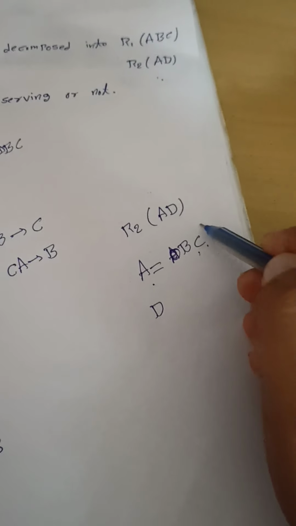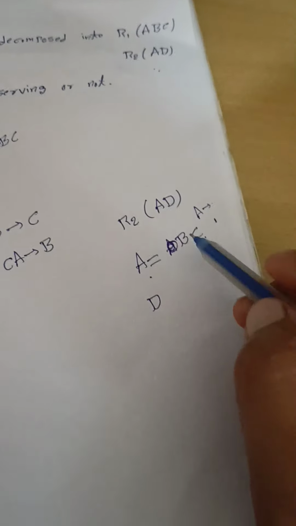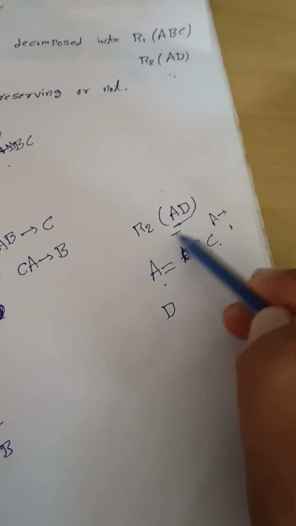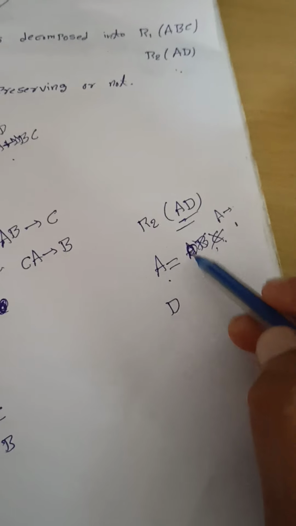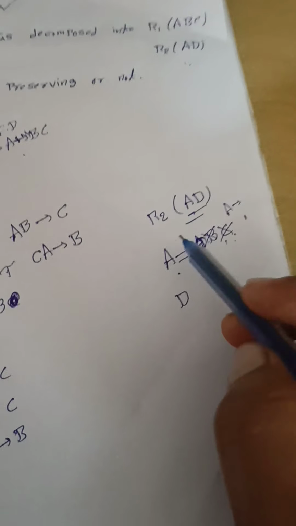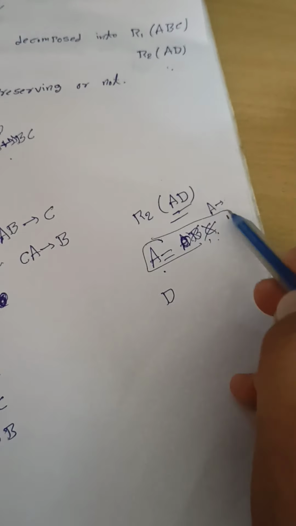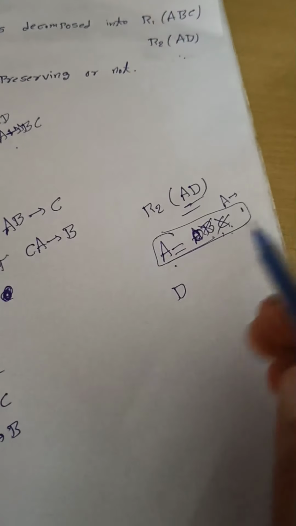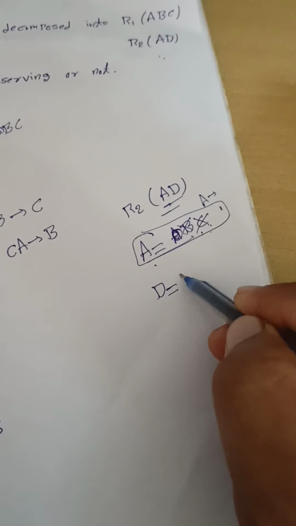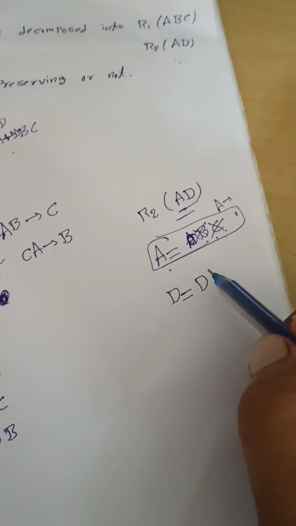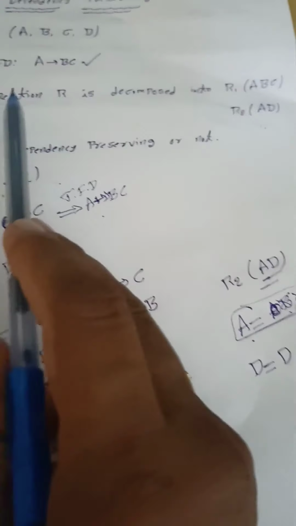Finally, A derives BC, but in this relation B and C are not available, so we will delete B and C. So finally A does not derive anything here. No problem. Now we find the D closure. D derives D. Are any functional dependencies available with D?